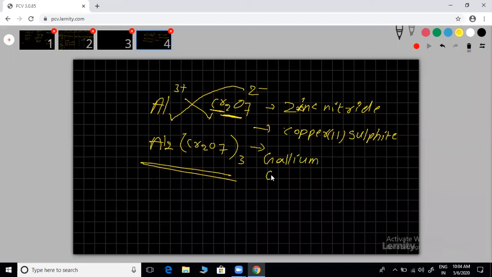Gallium means Ga. This also has a plus oxidation state. Gallium, sulfate. Next. If you know, you can send it in chat. You can find whether you've done the answers or not. At least some people I can find.